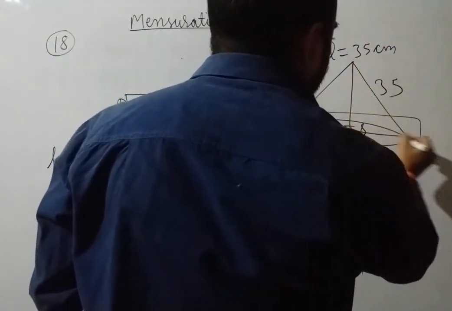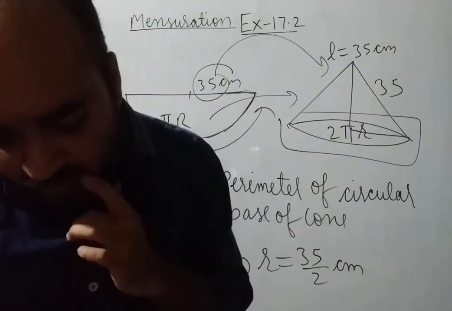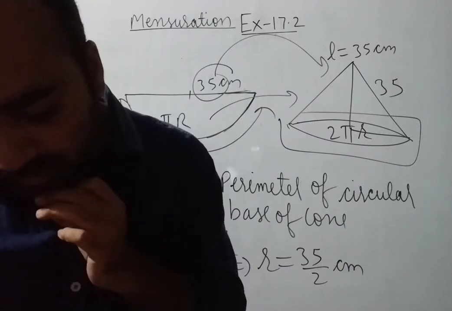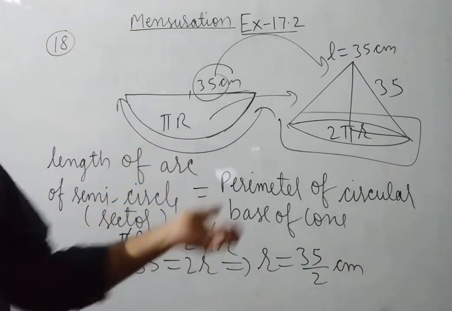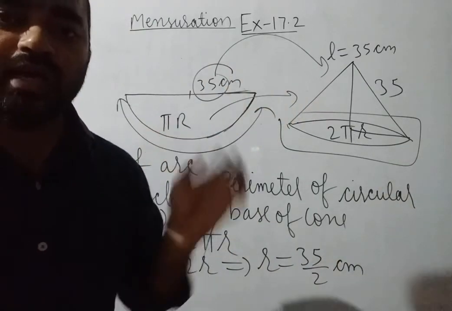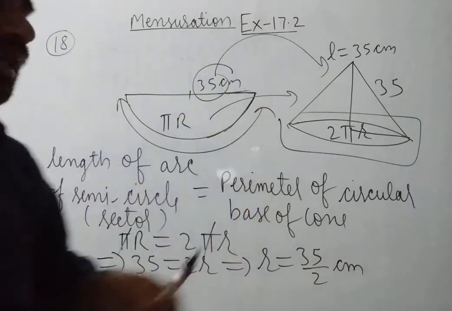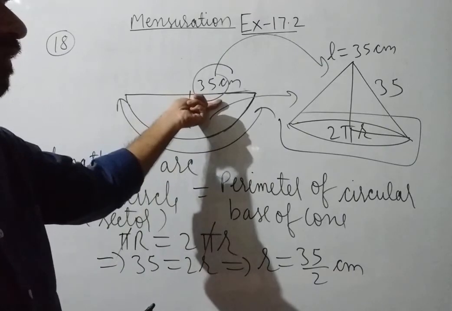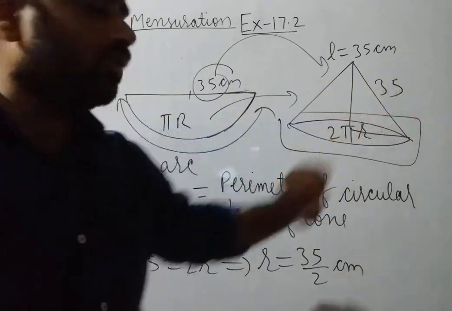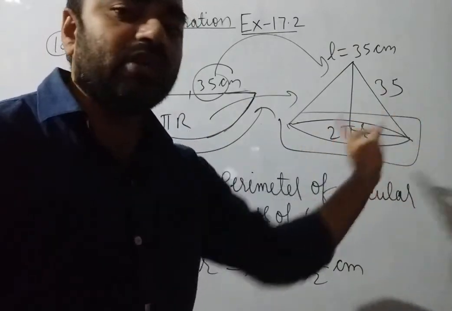Now we can find the vertical height, if it is required. But we have to find the radius of the cone and the lateral surface area of the cone. It means volume is not required. When volume is not asked, we will not calculate small h, that is the height of the cone. Understood? If any sector is folded to make a cone, the radius of the sector will become the slant height of the cone, and the length of the arc of the sector will become the perimeter of the circular base.